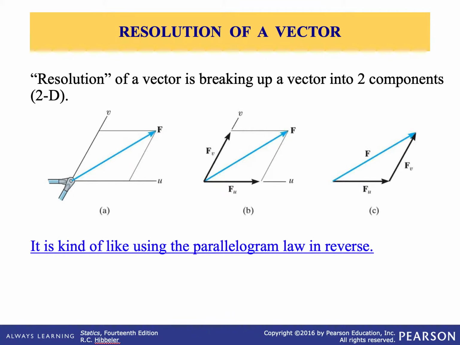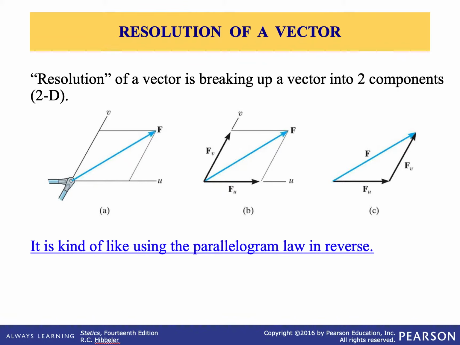It's kind of like using the parallelogram law but in reverse, because FU plus FV should give you F, the resultant force, which is the diagonal of the parallelogram. C represents also the same thing, FU plus FV resulting in F, using a graphical representation in the triangle method. This is resolving a vector into 2 different components.